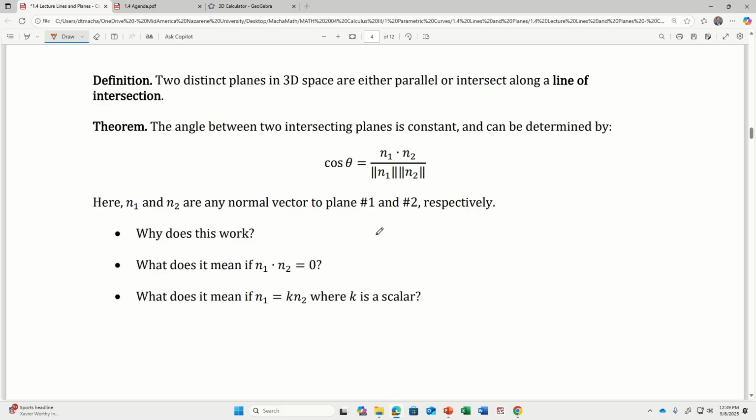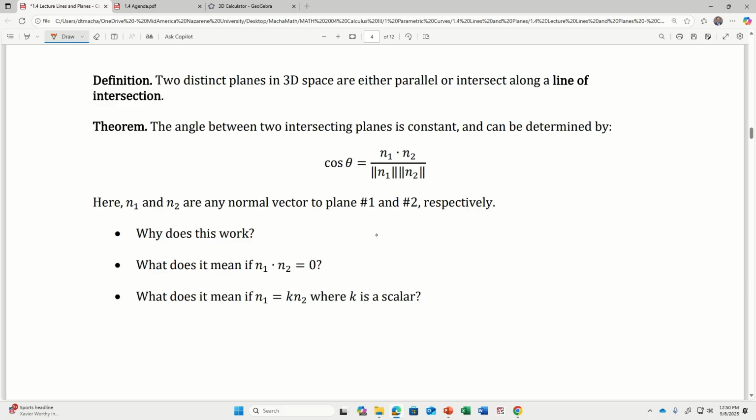It should look pretty familiar, because if n1 and n2 are the normal vectors to plane number 1 and plane number 2, then this formula is the same as the angle between the normal vectors. The angle between the planes where they intersect and the angle between their normal vectors is the same.